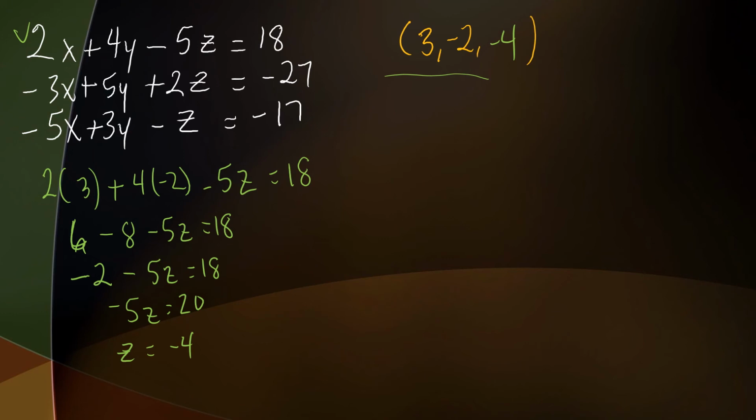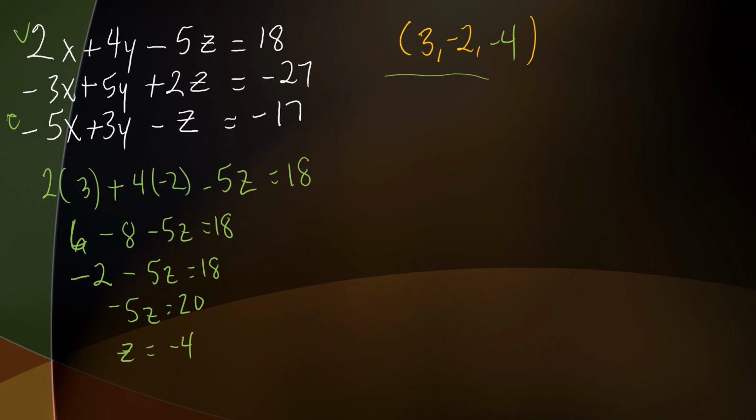Now I'm going to check my work because I'm going to plug in all 3 of those values for x, y, and z into one of these 2 remaining equations and see if I can solve that to a true statement. So I think I'm going to choose what we had previously labeled as equation C. No special reason.